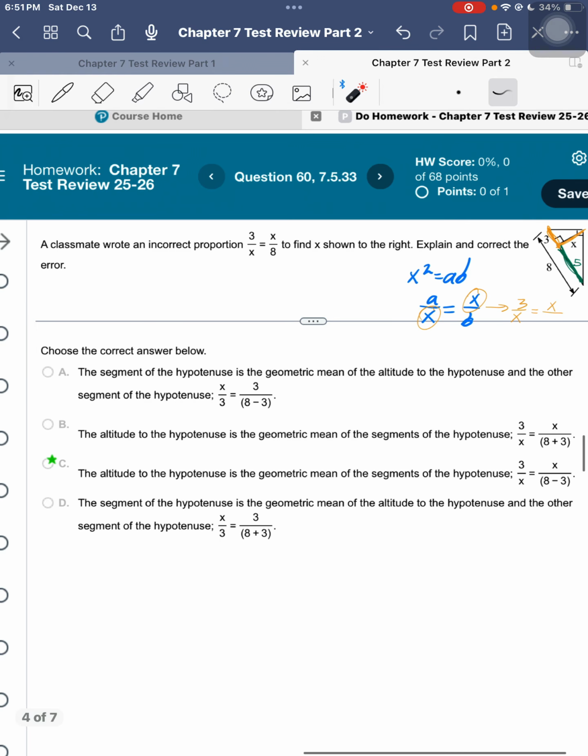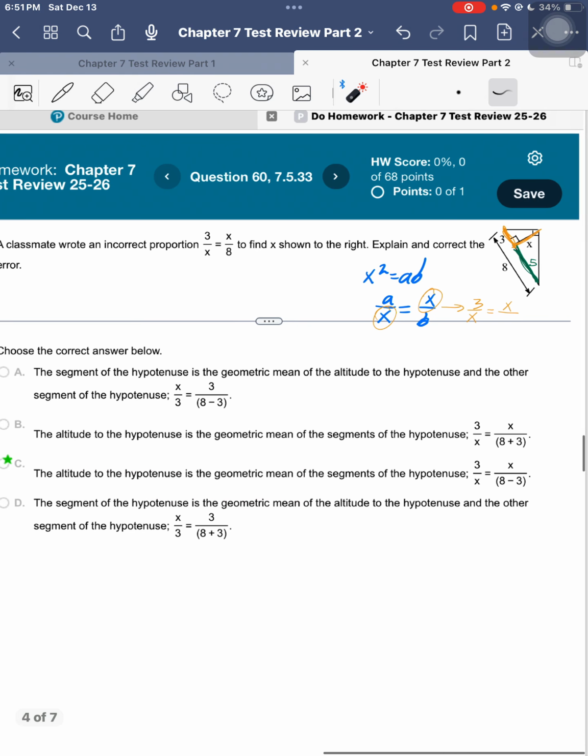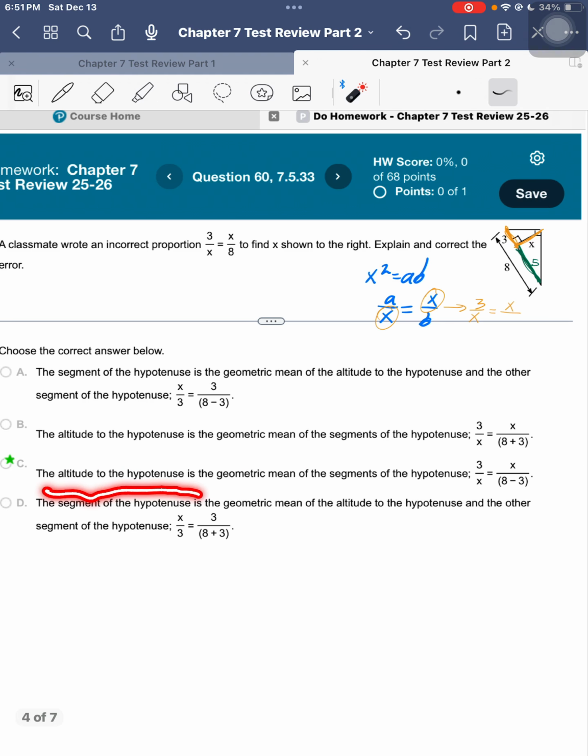Okay, let's look at why it was C. The altitude to the hypotenuse is the geometric mean. That's correct. Look, okay, sorry, let's just do the right one. The altitude to the hypotenuse is the geometric mean of the segments of the hypotenuse. 3 over x equals x over 5, right? What's the same thing as saying 5?